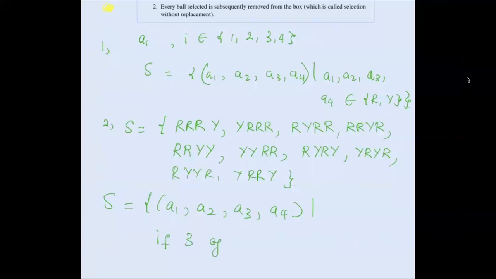Three of the Ai's are red, and the remaining is yellow.